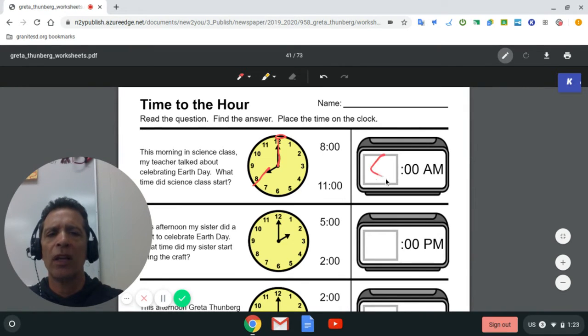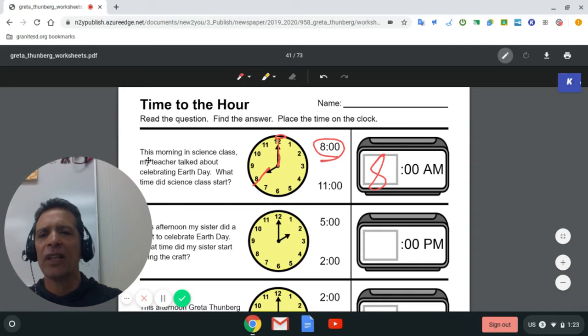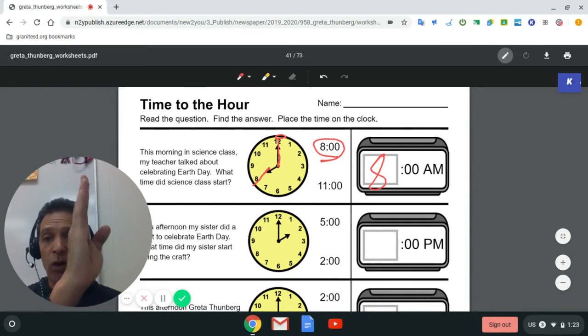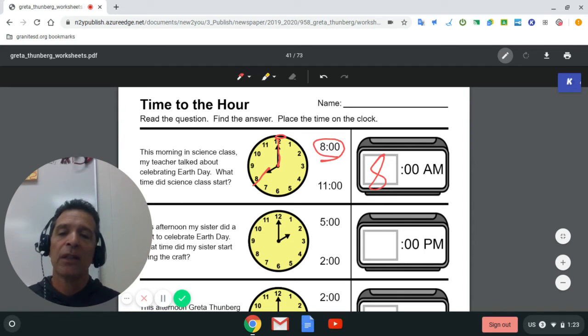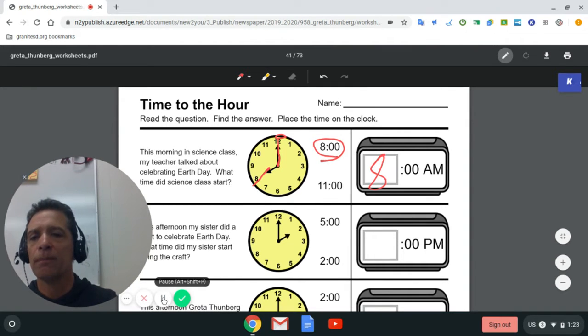So we put the 8 here. We circle the 8. And the reason it's AM is because it says this morning. When we're sleeping at 12 midnight, it turns to AM. But the morning is when what? You get up, you get ready for school, eat breakfast. So go ahead and finish that page.